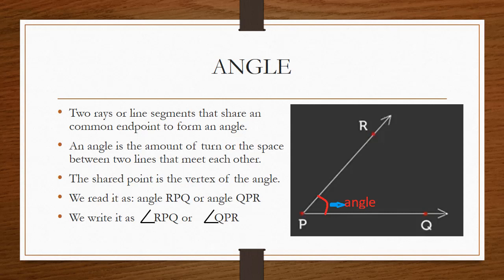We have to write that angle symbol, then we write RPQ, or we can put the symbol and also write it as QPR. So this is angle RPQ or angle QPR. Hope you understand the meaning of line, line segment, ray, point, and angle.